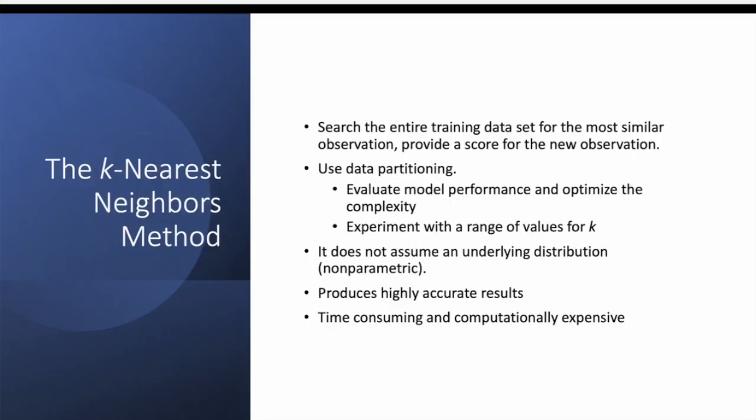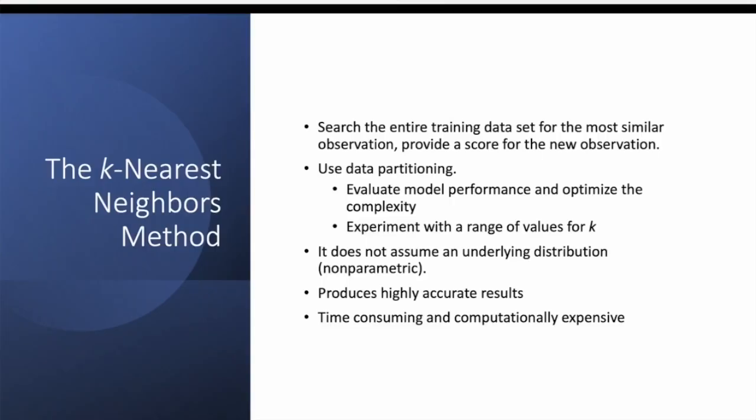Unlike traditional analysis techniques such as linear regression models, the KNN algorithm does not assume any distribution for making predictions. It's a non-parametric approach, which makes KNN very useful in practical situations because real-world data do not always follow theoretical assumptions.